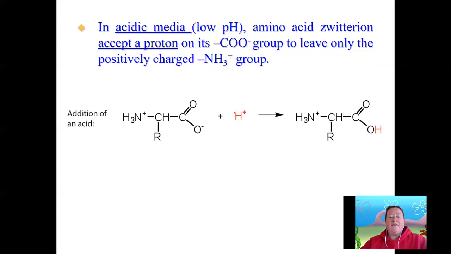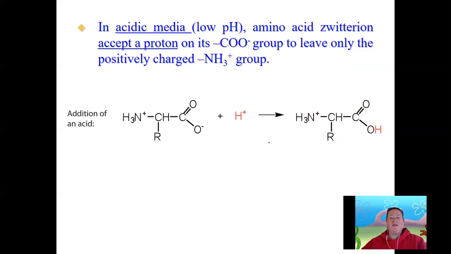So anyway, this will get picked up and it'll get reattached right here. And we end up with this structure that takes on an overall positive charge. So we still have our protonated amino group over here, and now we have the hydrogen.